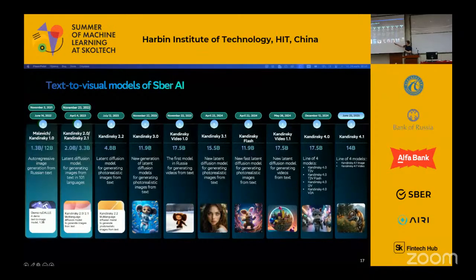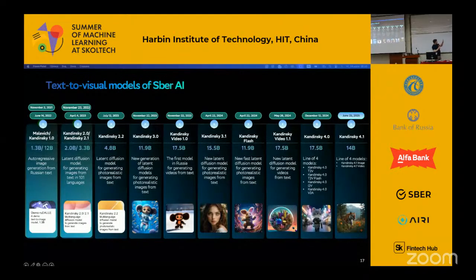The first two models were autoregressive too. They are Malevich and Kandinsky 1.0. After that, all models are diffusion, and the latest ones are flow matching. And I will talk about that a little bit.